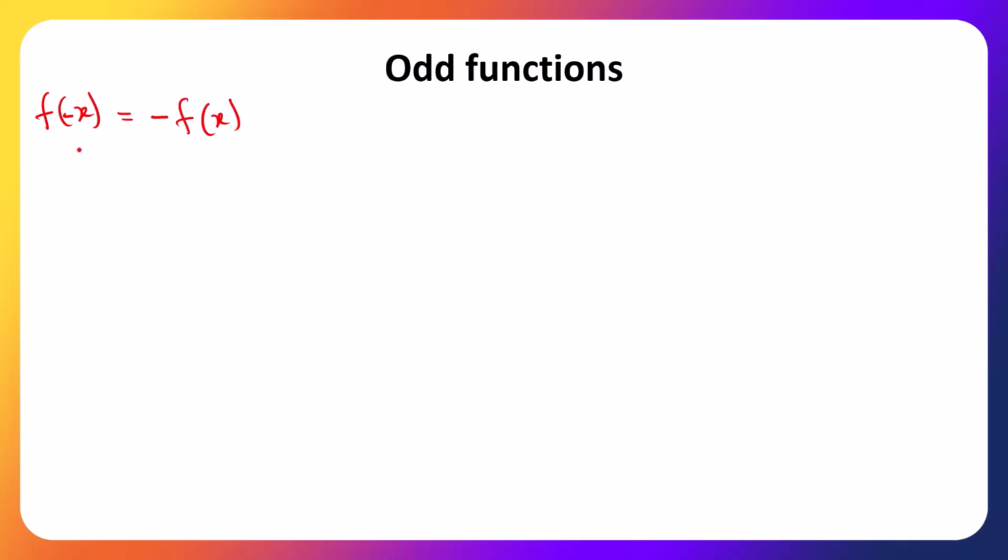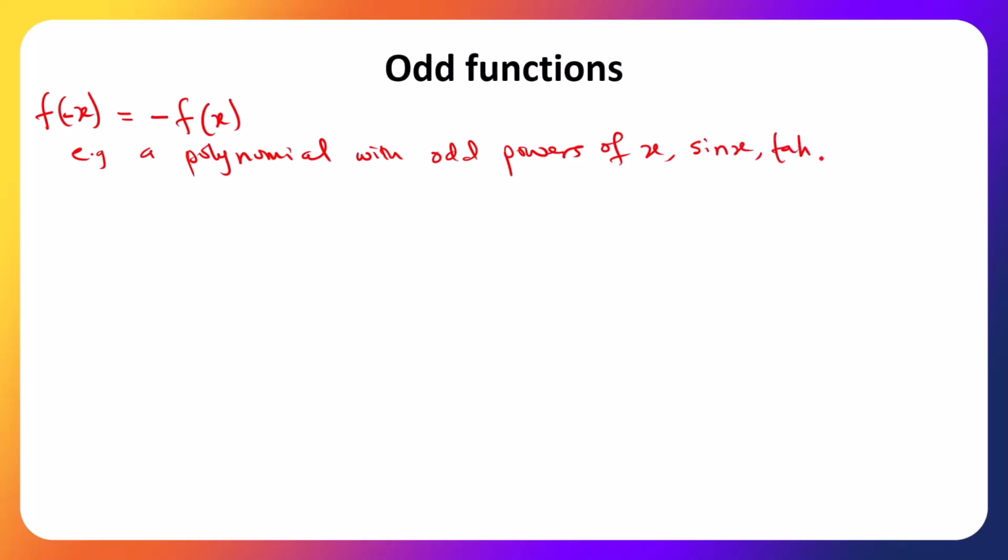So examples of this include a polynomial with odd powers of x, sine of x, tan, hyperbolic tan function of x, and so on.